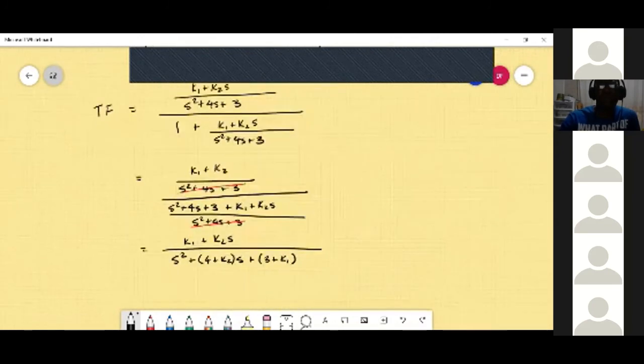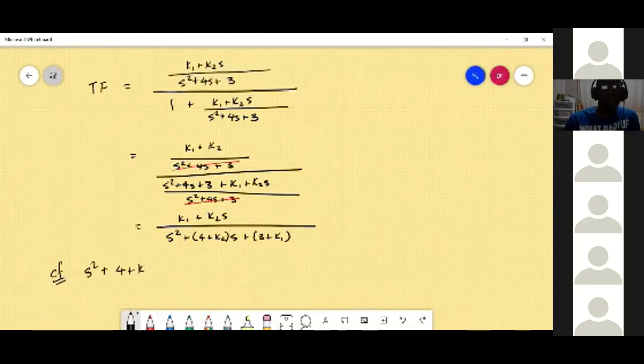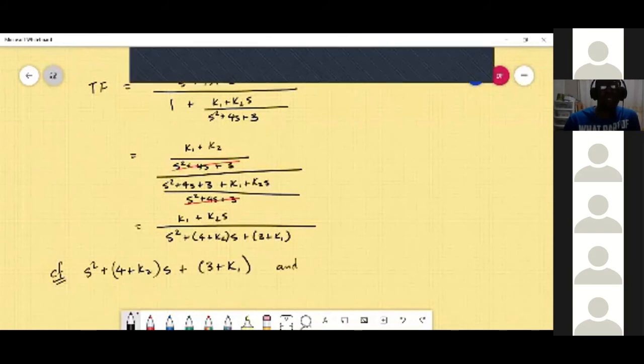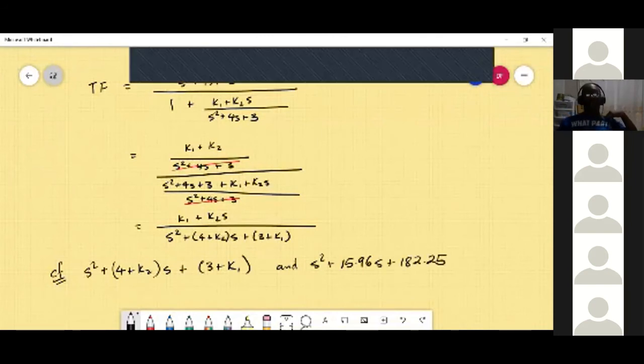So compare S squared plus (4 plus K2) S plus (3 plus K1) and S squared plus 15.96 S plus 182.25. Those are the two denominators that we are comparing.